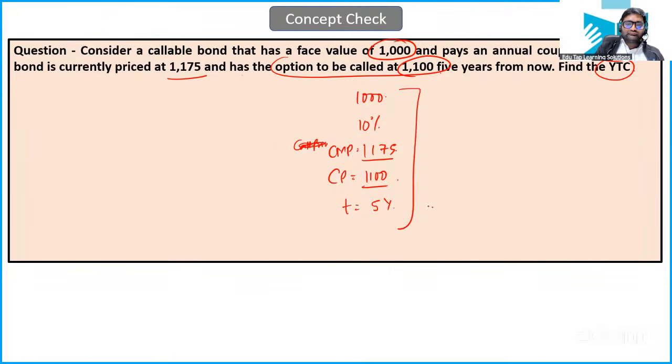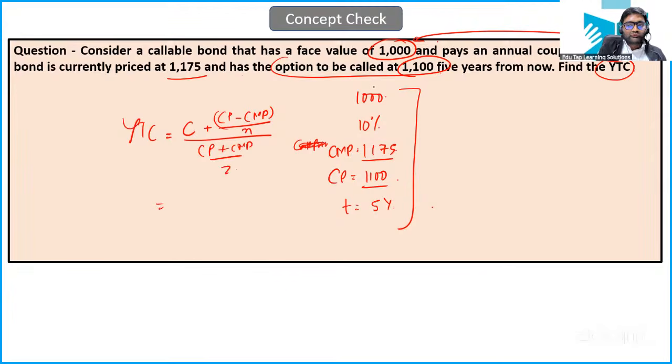But the bond price formula you have to remember, because those questions come again and again. How will you calculate the yield to call? 10% of the par value. Here par value is used to calculate only the coupon. So yield to call is whatever coupon you are going to get plus the call price minus the current market price, divided by number of years, all over call price plus current market price by 2.